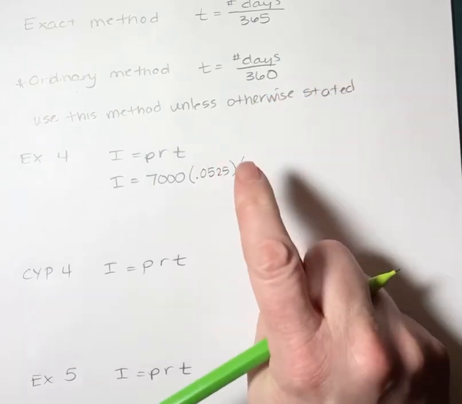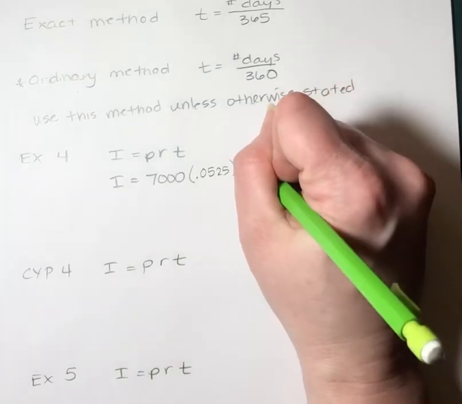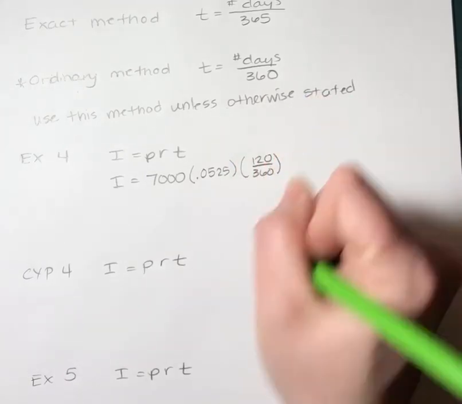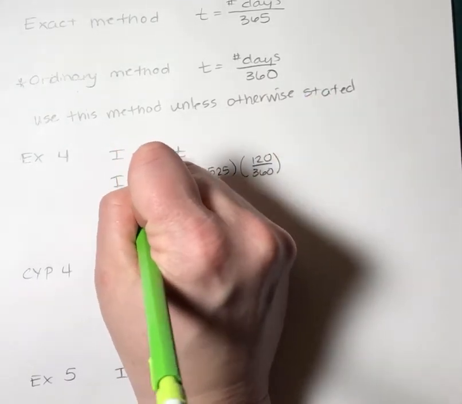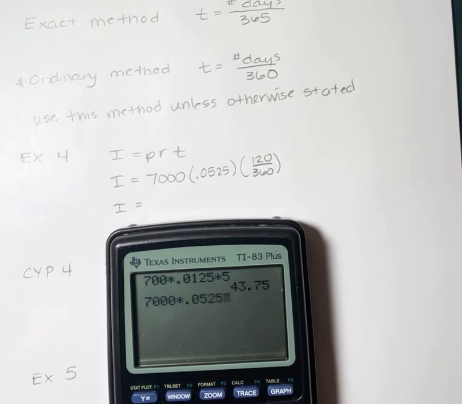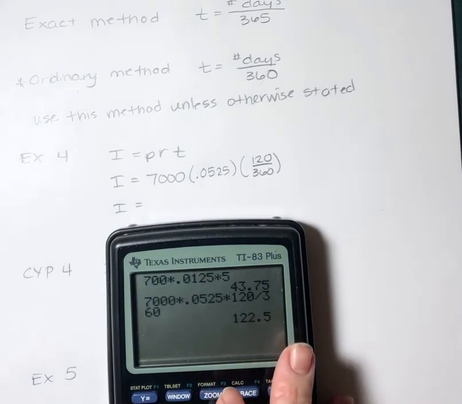So my time also has to be in years. They said it's 120 days, so I'm going to do 120 out of 360. And so my interest is $122.50.